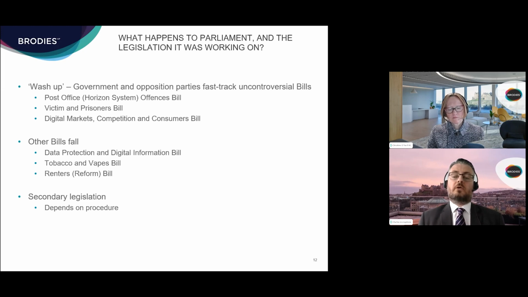So a few of the bills that were expedited and therefore saved in relation to the existing parliamentary term. Was the bill, be very familiar to our domestic audience at least, quashing the convictions of various sub-postmasters who had been found guilty of offences relating to the Post Office's Horizon IT system.